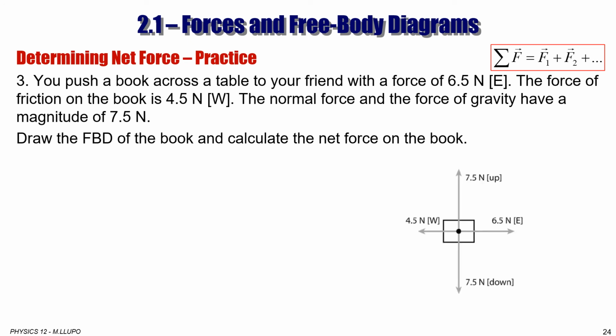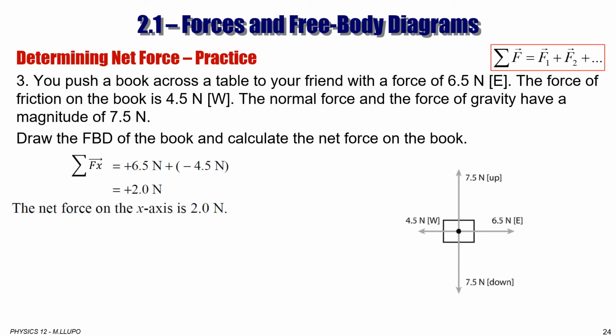So you can draw up and down 7.5 for force of gravity and normal force, and you have the applied force in the east direction, 6.5, and the force of friction, 4.5, in the west direction. So the sum of forces on the x-axis, we choose east as positive. So it's plus 6.5 plus minus 4.5, which will give you plus 2 Newton. That means 2 Newton east.